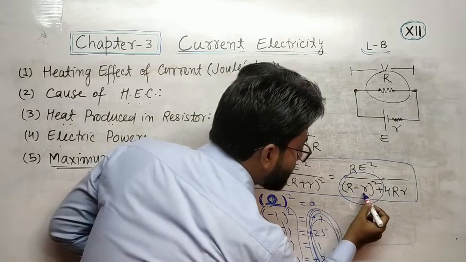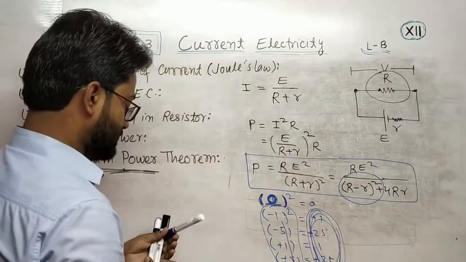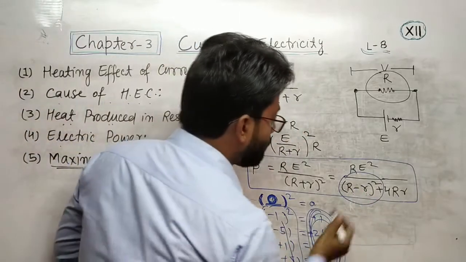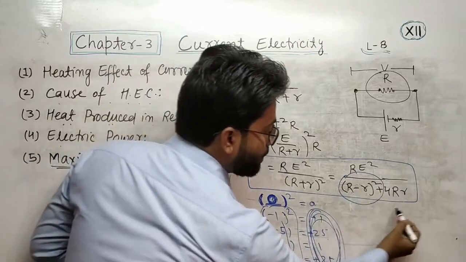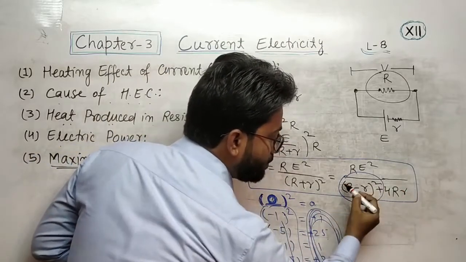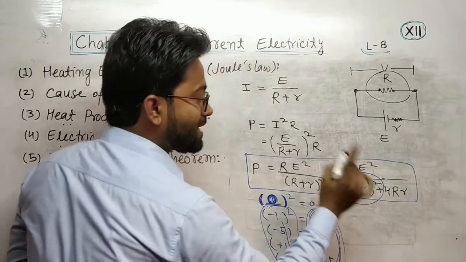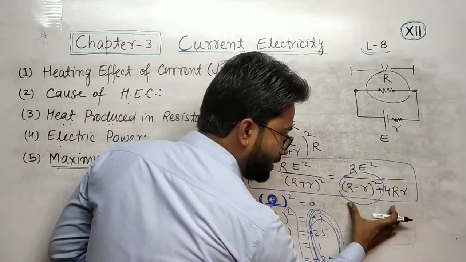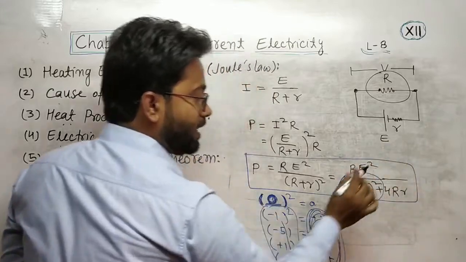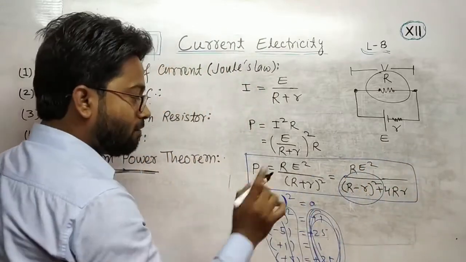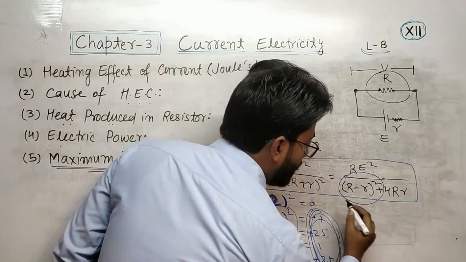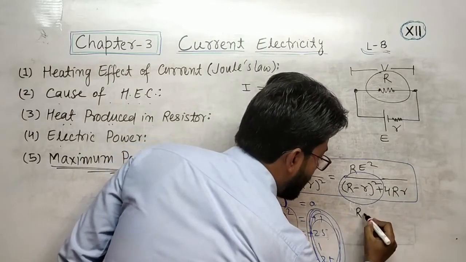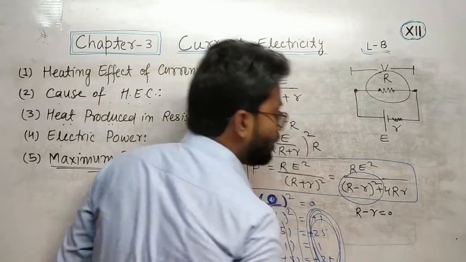Means R minus r must be 0 for minimum. If the denominator is minimum, the whole thing will be maximum, then power will be maximum. We can say that when R minus r is 0, then power will be maximum.